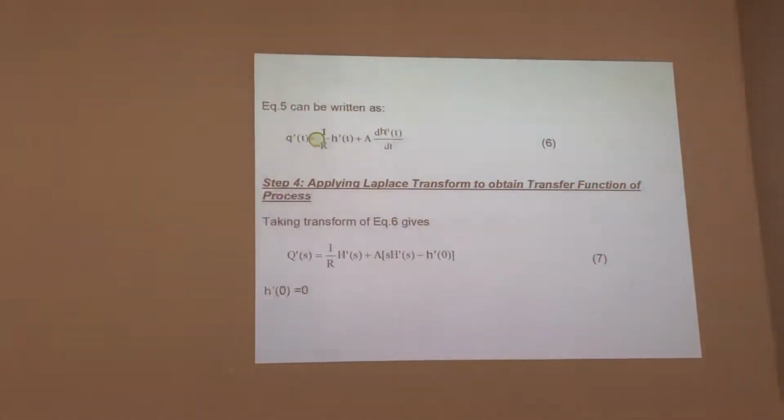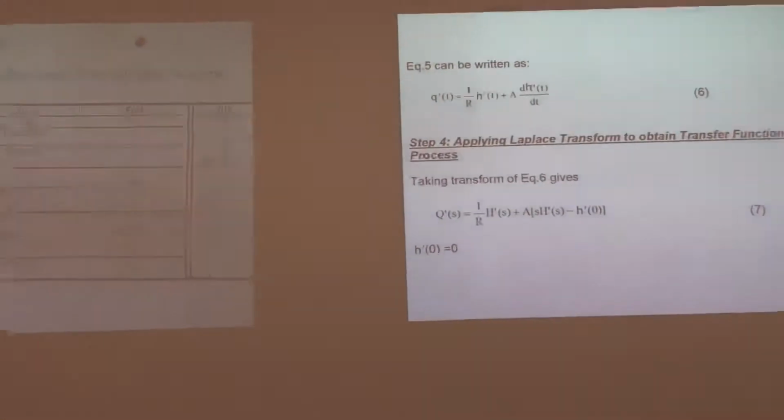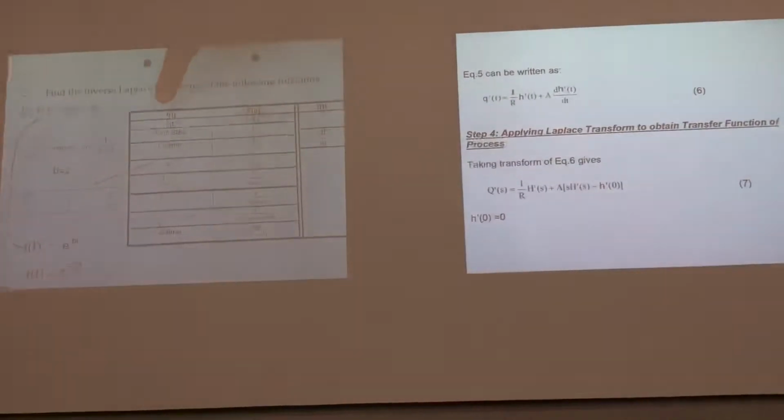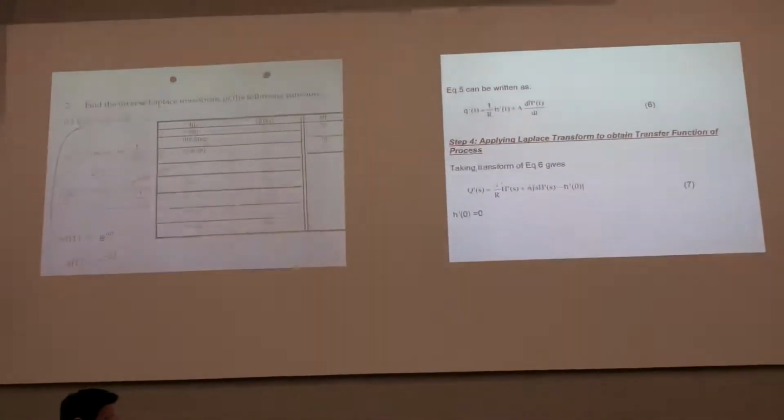When I transform a small letter, if you look at the table, I'll show you the table. If you look at this table, this is a function. This one is a transform. If I transform a function with a small letter, it becomes a capital letter.